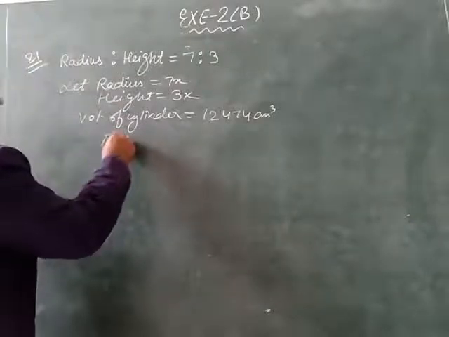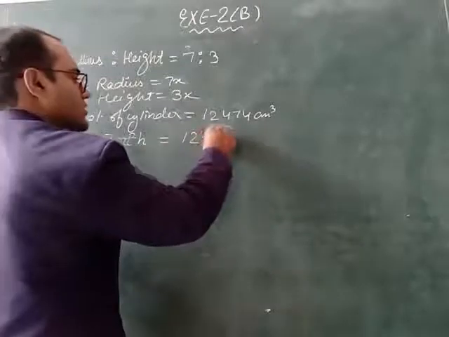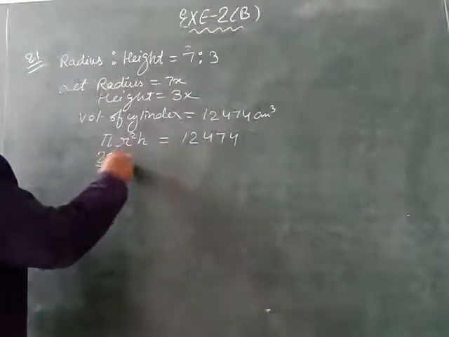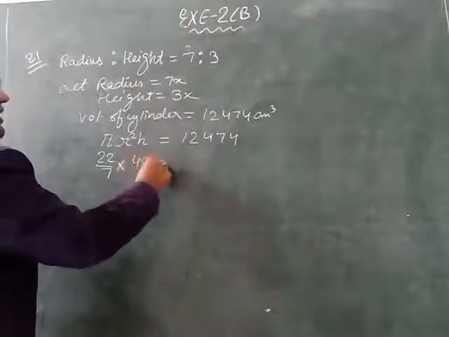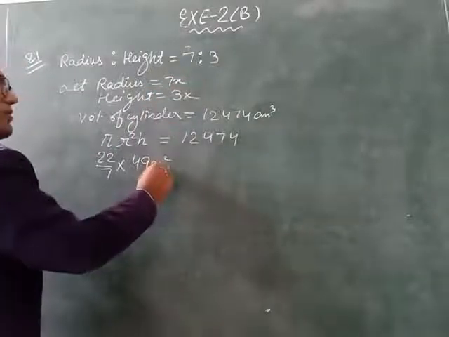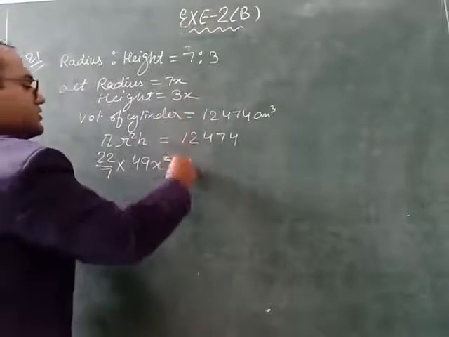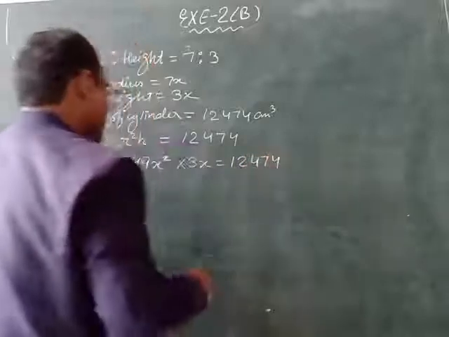Volume of cylinder is pi r square h. 12,474 we will write as it is. Pi is 22/7. Radius square we will do, then we will get 49x square, since 7 square will be 49. H value is 3x, is equal to 12474.